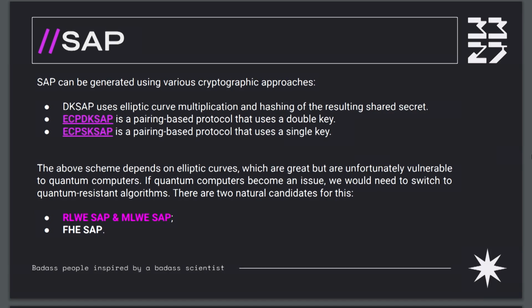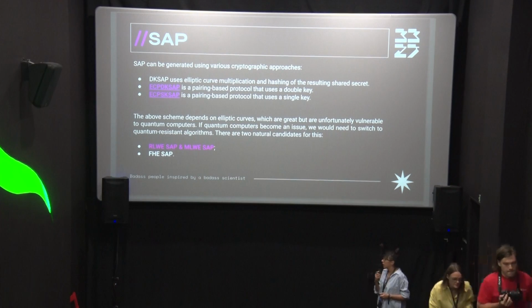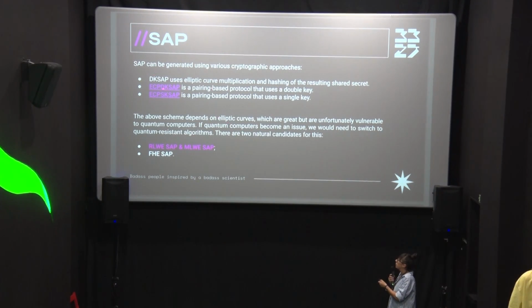And we can achieve this using different cryptographic methods. For example, here we can use elliptic curve pairings. These two protocols are the result of the work of my colleague Mihailo and me, and we created two new protocols that use elliptic curve pairings. One protocol uses a single key and the second one uses dual keys. And we obtained really good implementation results.